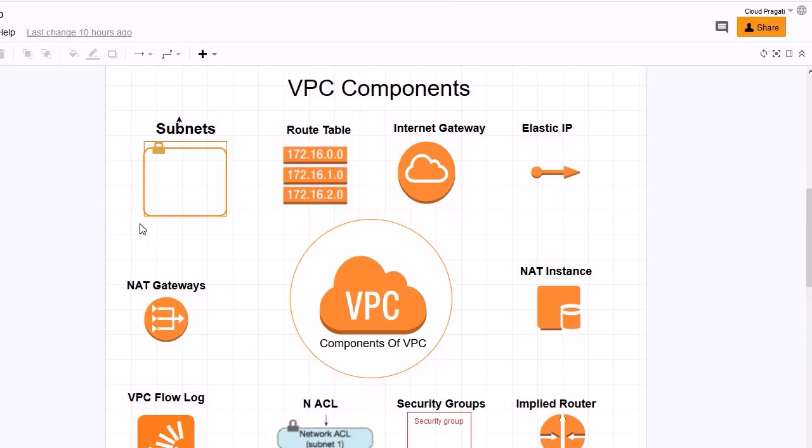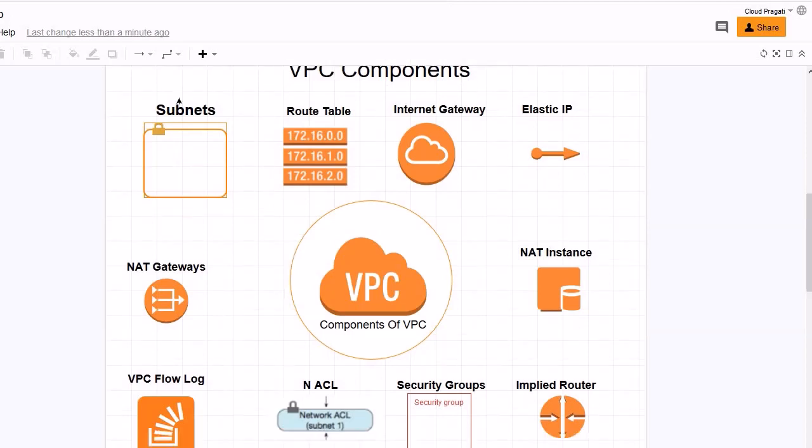Every component has its own specific role within the virtual private cloud. We will discuss all these components in detail and understand the significance of those components and why we are using them within VPC design. So let's understand the components one by one.